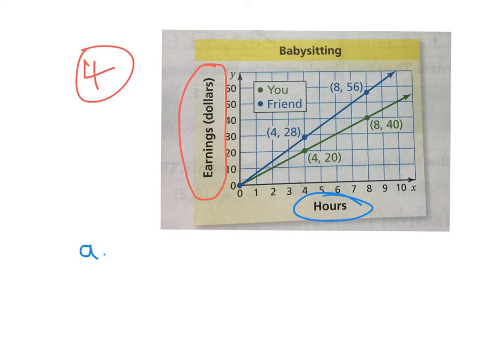So if you are green and blue is your friend, whose line is steeper? Friend. So you would say the friend's line is steeper. Write this down.